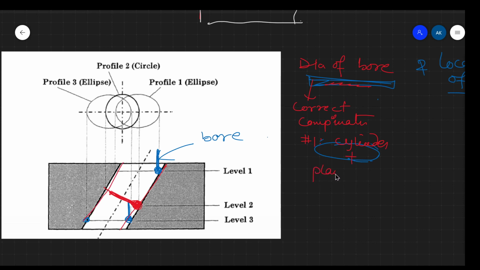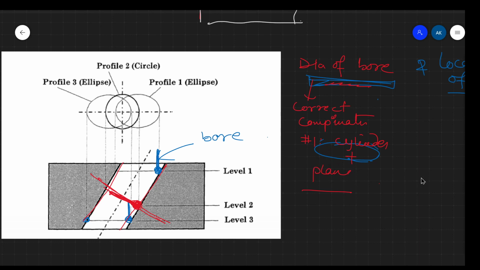Plus plane. Which plane? This plane. So you needed a dia of a bore. So it was a type of circle. So this thing was obtained by a combination of these two things.